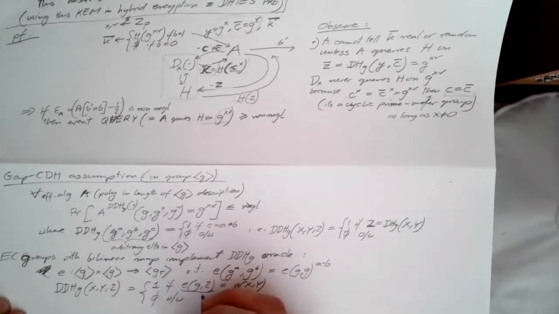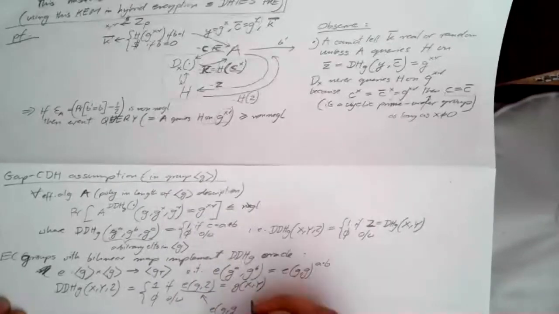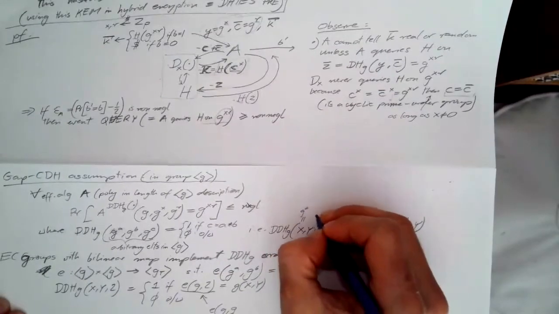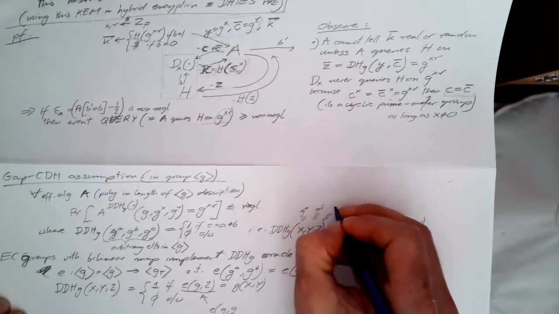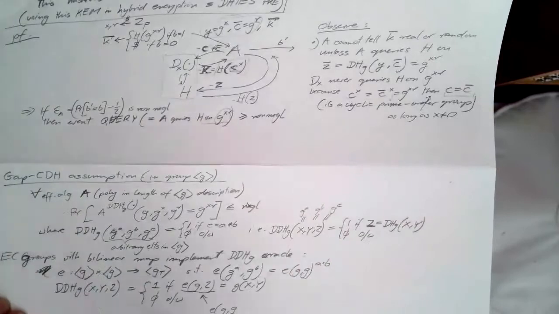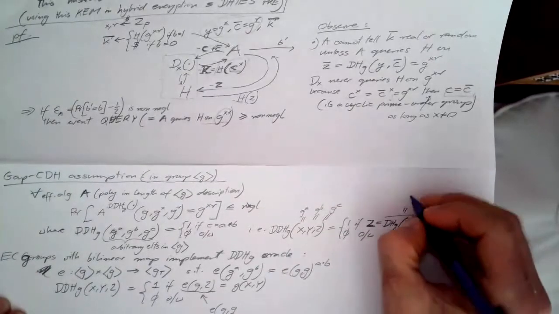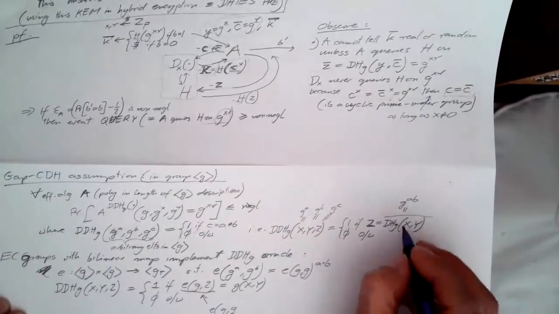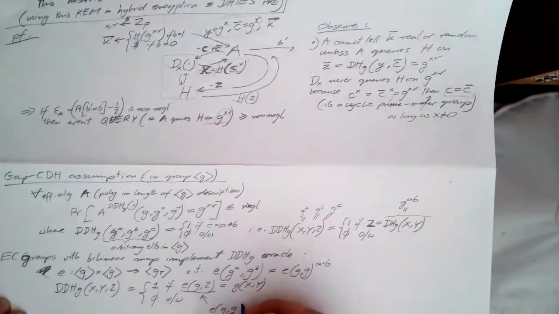Because this is equal to e(g, g), with g^a, g^b, g^c, and g^(ab). So this is g^c.